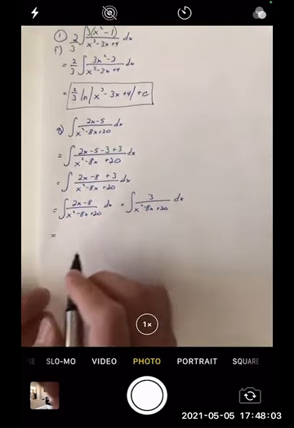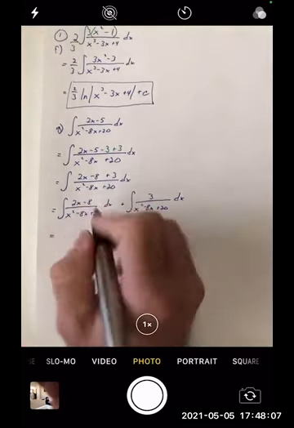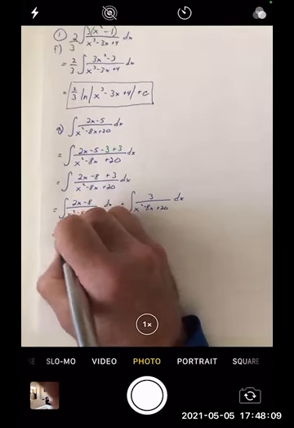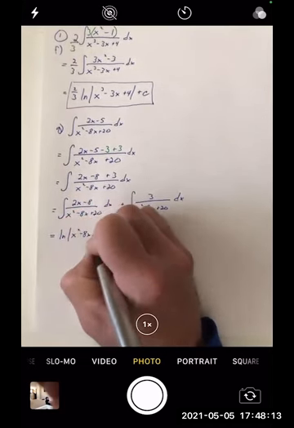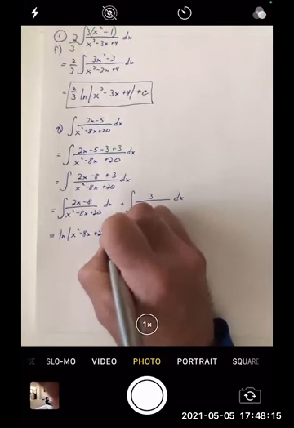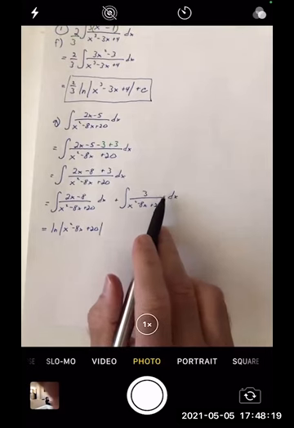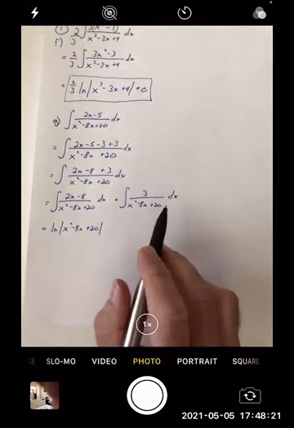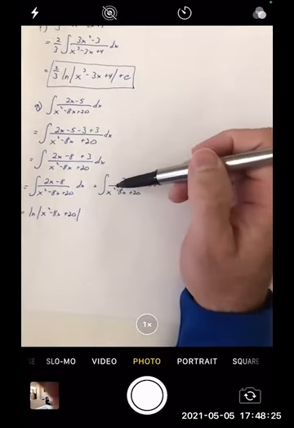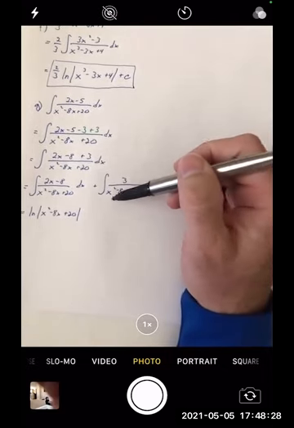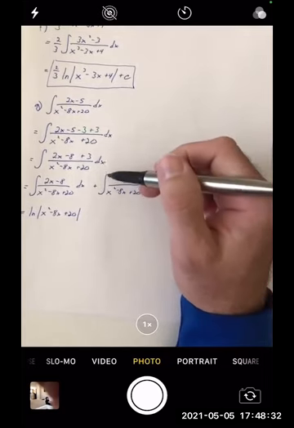So your first integral, because we forced it to fit what we were looking for, we know what that one's going to be. That one's just going to be the ln absolute value x squared minus 8x plus 20. But this one over here, it's going to require a little bit of work. So it's not going to be an ln. It's not a u sub. We can't integrate it directly.